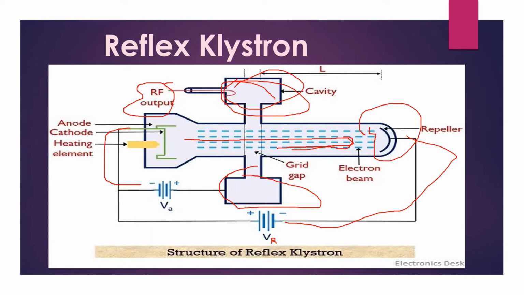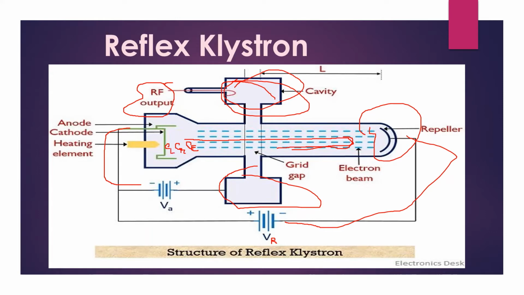Now, we understand this operation by considering three types of electrons. We call them EE, that is early electrons, ER, that is reference electrons, and EL, we call them late electrons.